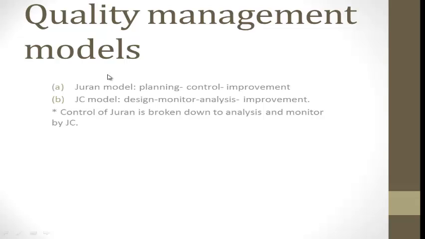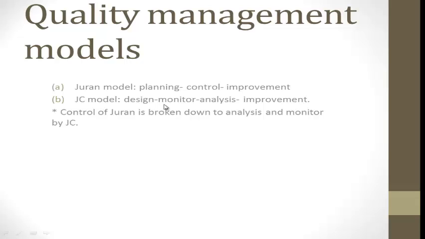Well, now going to the quality management models. There are two principal models we're going to explain in detail that are clearly consistent and correlating to our examination. They are namely the Juran model and the JCI model, where planning, control, and improvement are the items of the Juran model. JCI model: design, monitor, analysis, and improvement.